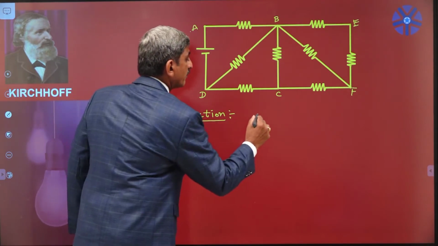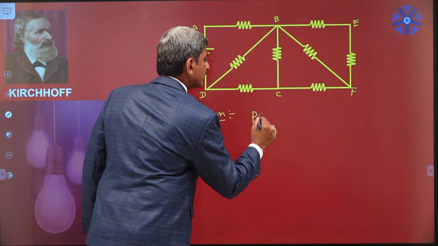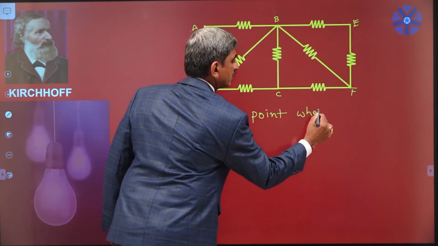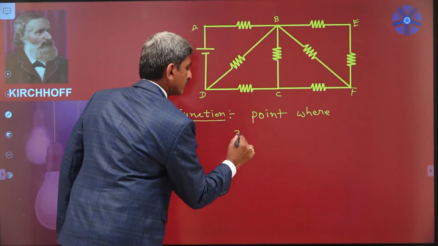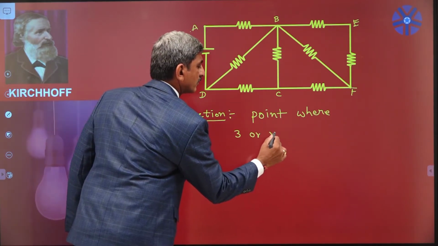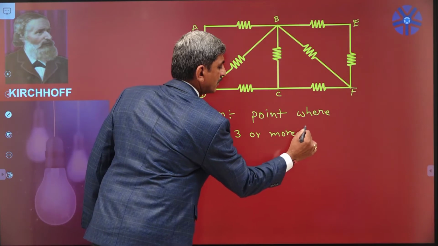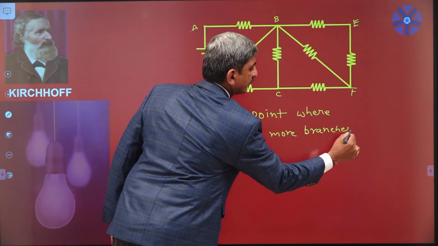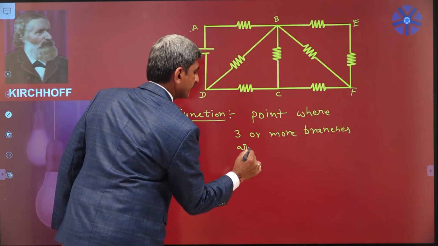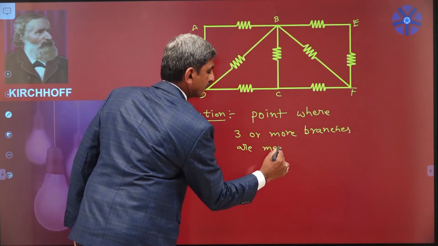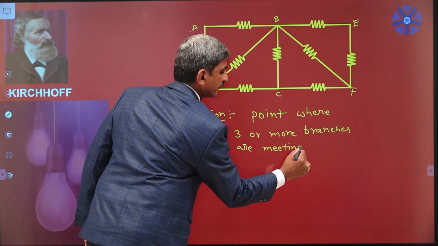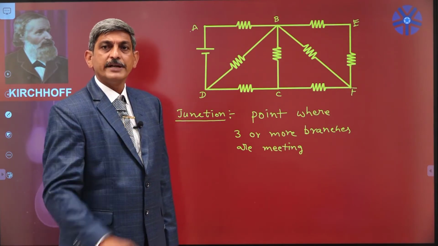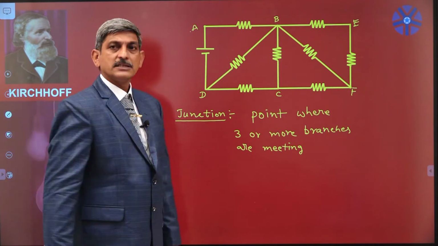The point where three or more branches are meeting is called a junction.